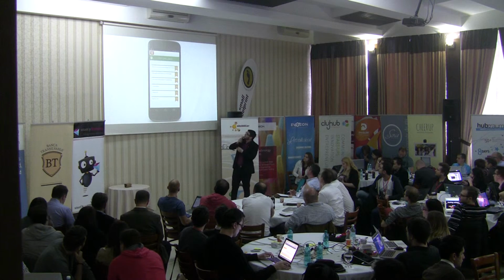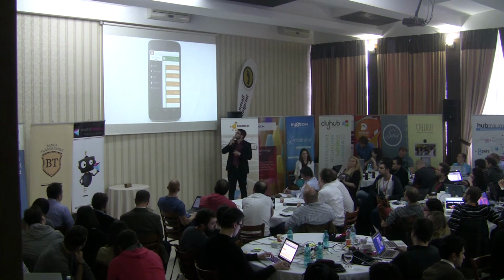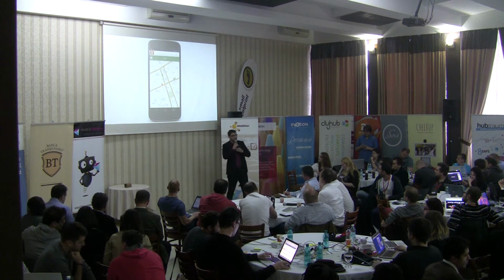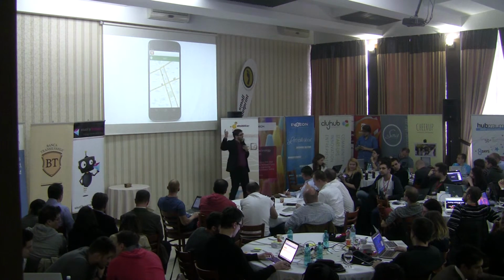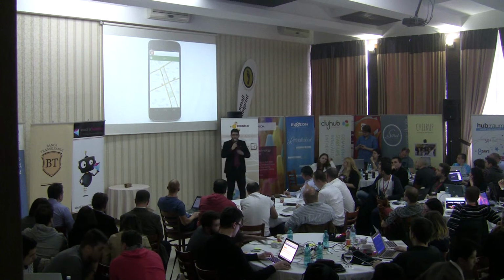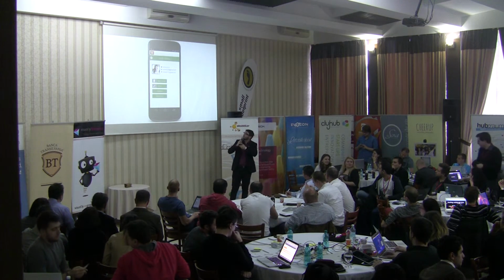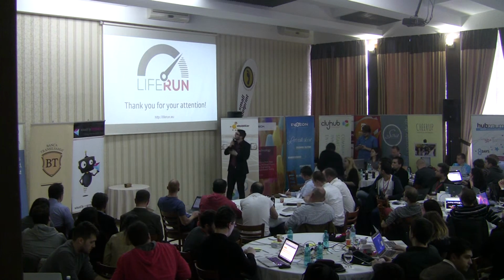We press on a challenge, and again, settings, map, where you can see all your friends. The friends are colored based on their points, on their level. Green for easy, yellow for medium, red for hard. A friend, profile, and logout. Thank you for watching.